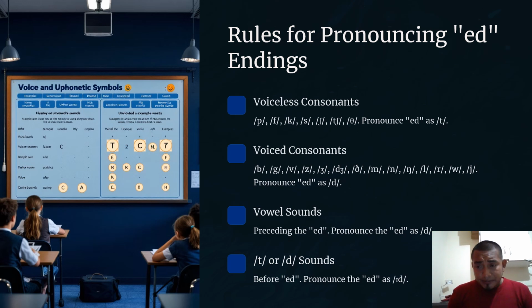Then we see the case of the voiced consonants, the ones that vibrate, right? So as we see, we're gonna have some sounds in here like V, G, Z, J. So these sounds are actually vibrating.